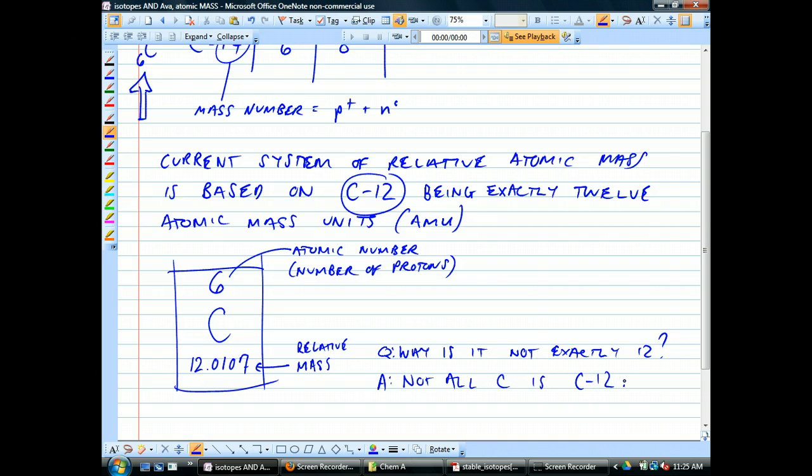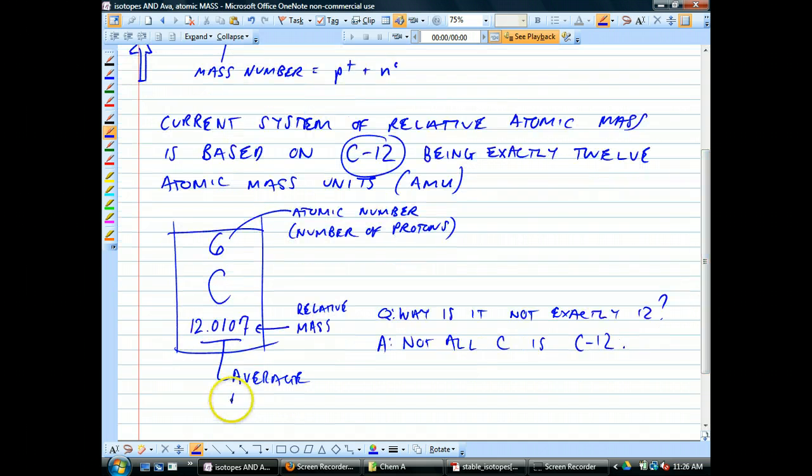Now it turns out you can tell that most of it is if you look at that number, because this is actually the average atomic mass. That's the average for all the isotopes. So you can tell by looking at that the vast majority of all the carbon out there in the world is carbon 12, because it's pretty close to 12.